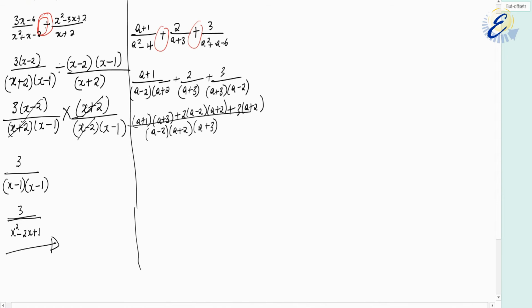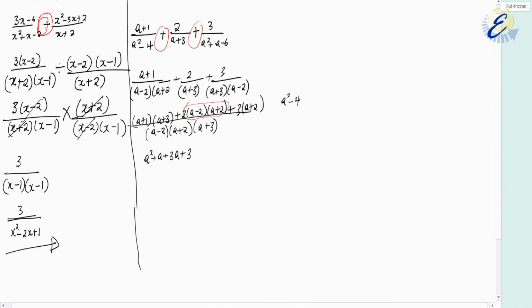If you multiply it, this will be a squared plus 3a plus a plus 3. Therefore, you also remove the bracket. This is the difference of two squares: a squared minus 4.